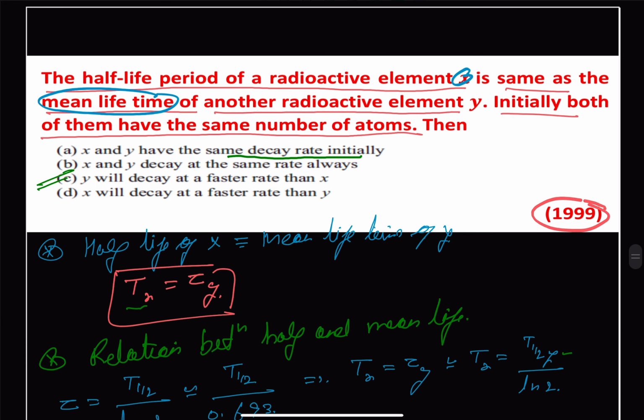So they don't have the same decay rate initially. So options A, B and D are incorrect. Only option C is correct.